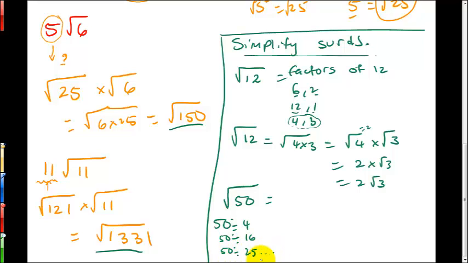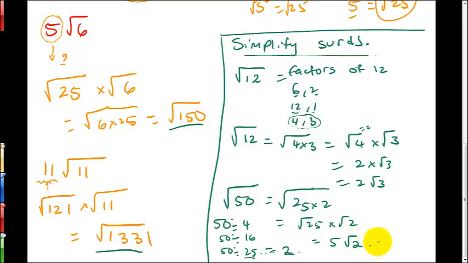When we did 50 divided by 25, that actually gives us 2. So we know that the composition of 50 would have been square root of 25 times 2, because the factors are 25 and 2, right? So square root of 25 times 2, and the same thing as before, we can split them up, getting 5 root 2. Okay, hopefully that helps now.